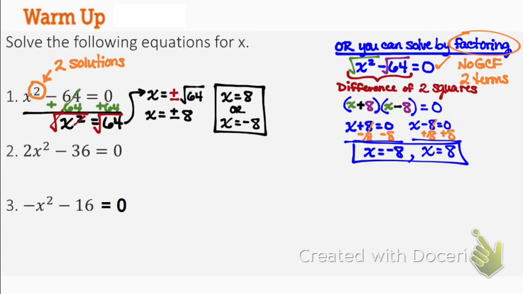Square root one? All right. So what's the first thing I would need to do here if I'm going to solve it using the square root method? Add 36 to both sides. So I have 2x squared equals 36.